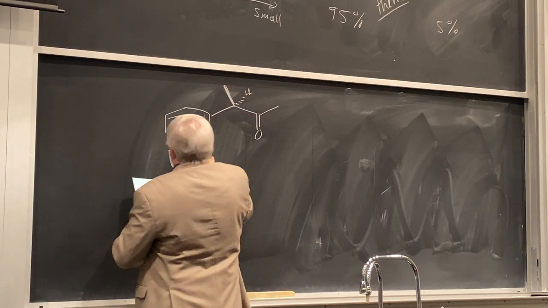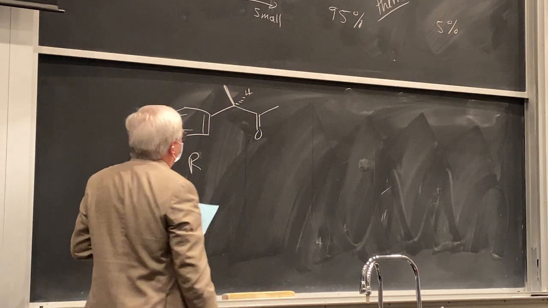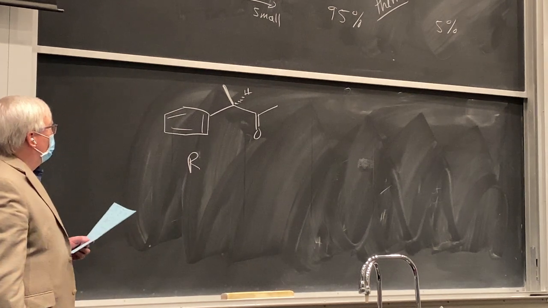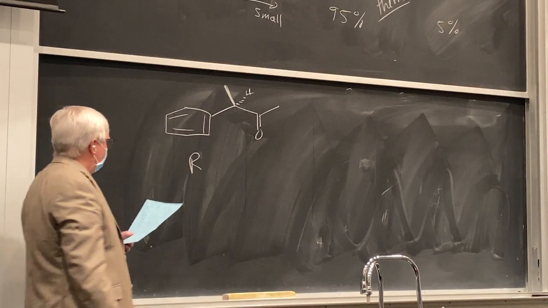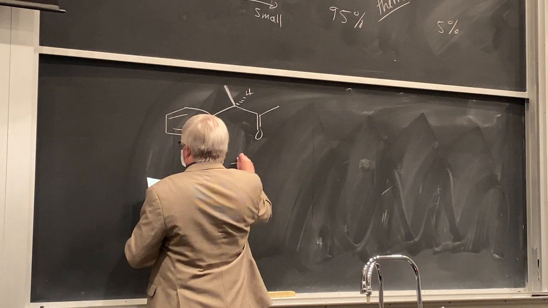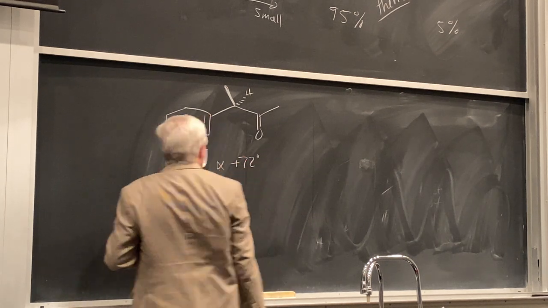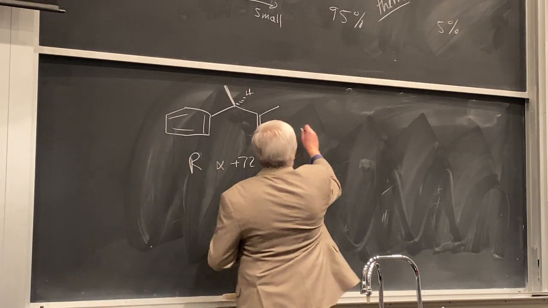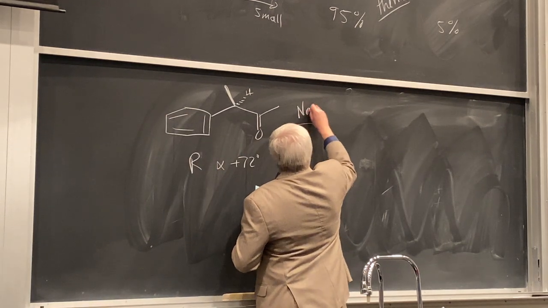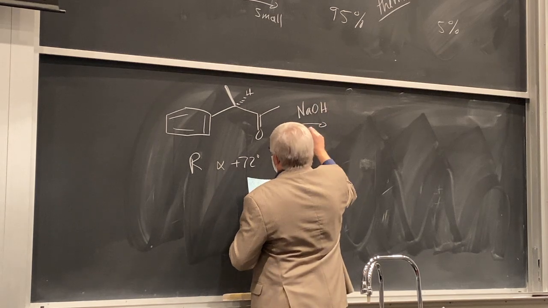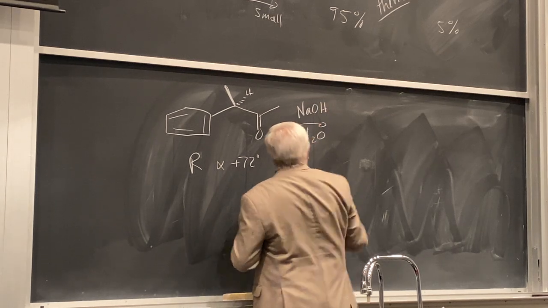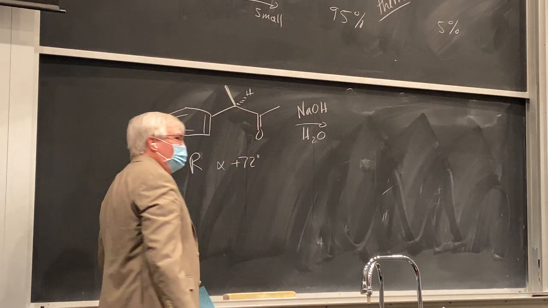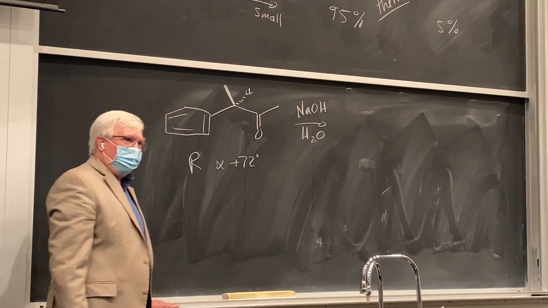Well, we'll see here. This is the R enantiomer of this chiral methyl ketone. You see the stereocenter there. The optical rotation is plus 72, so you can measure that in the polarimeter. But then we put it in sodium hydroxide, or we could put it in acid and water. So these are what type of conditions? These are reversible conditions.